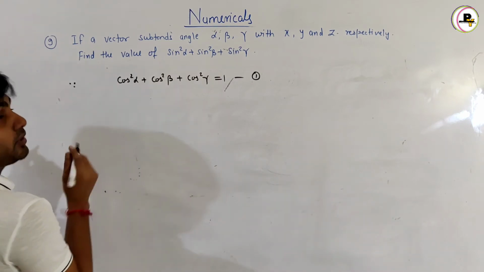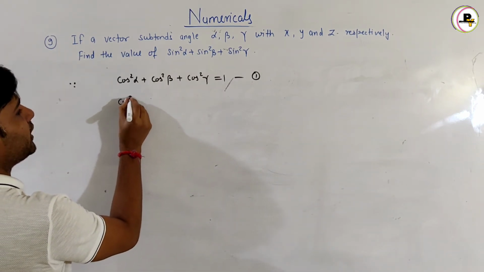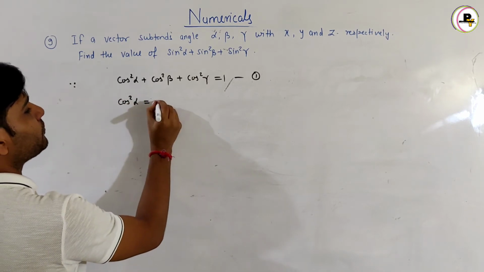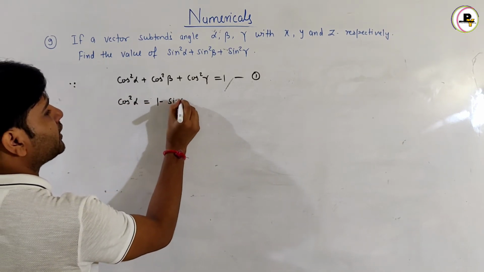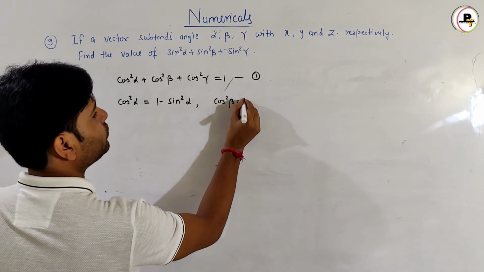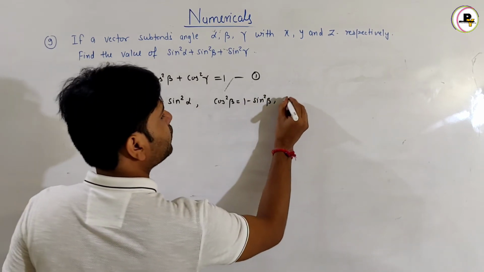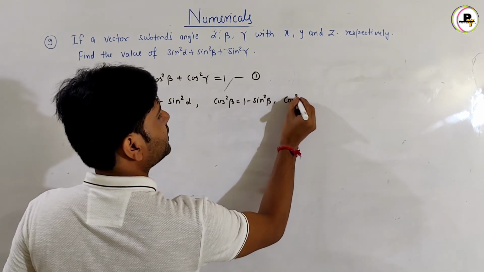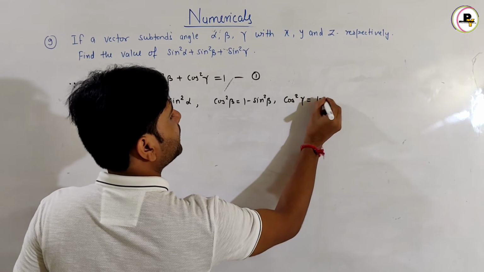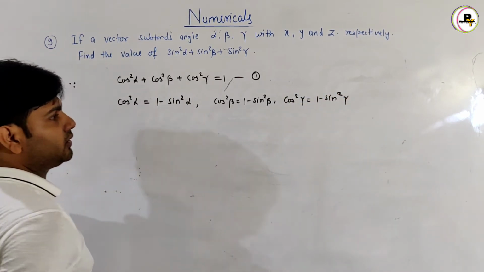Now using the identity formula, what is the identity? Cos square alpha equals 1 minus sine square alpha, cos square beta equals 1 minus sine square beta, and cos square gamma equals 1 minus sine square gamma.